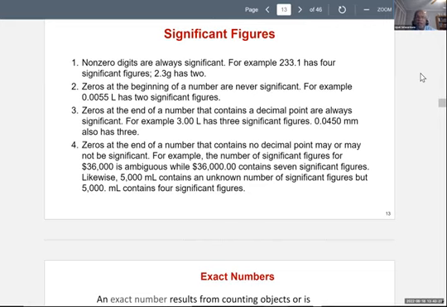Therefore, it contains 1 significant figure. But to make all the zeros significant, you have to put a decimal point after 5,000. That makes them significant figures.